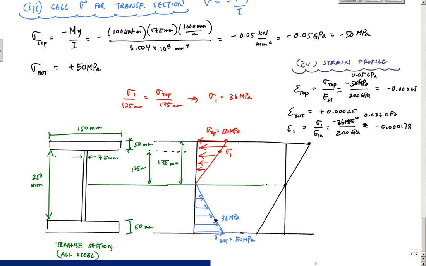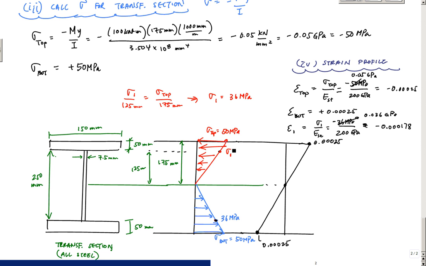So right here, this is 0.00025 compressive, and here's my positive, or tensile, strain of 0.00025 right here.